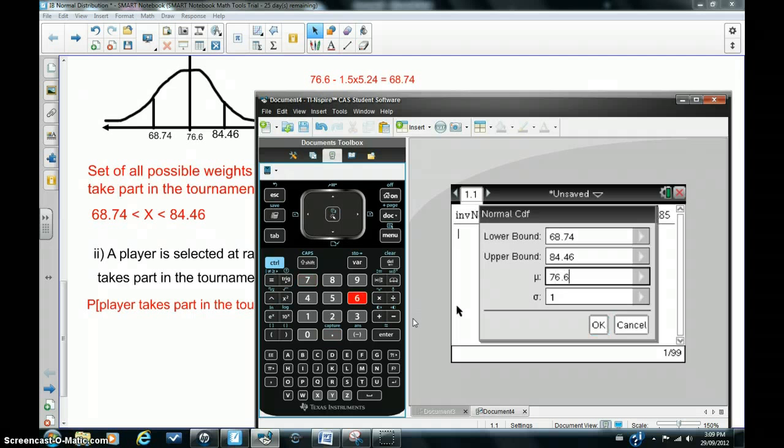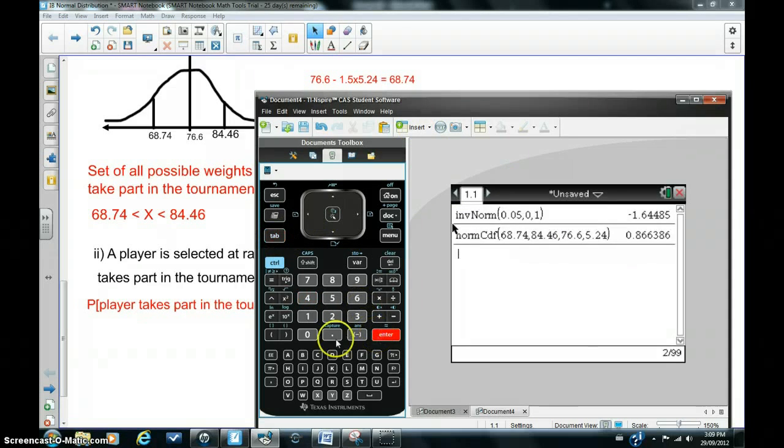I'm not using the standardized values, so I have to change the mean and the standard deviation, and the standard deviation was 5.24. So I tab to OK and press enter, and there's the probability, 0.866386.